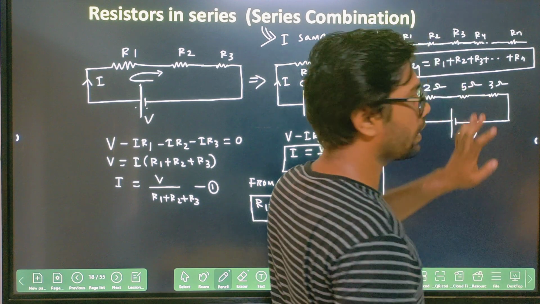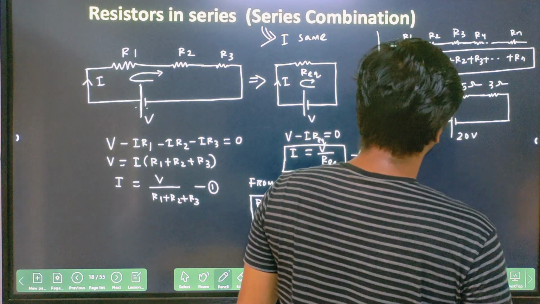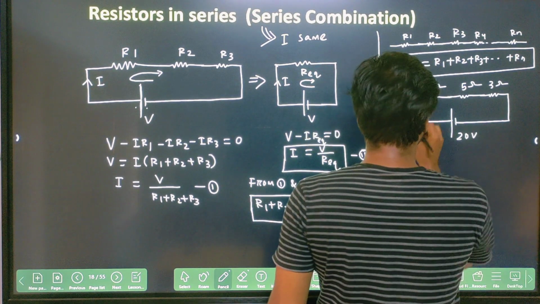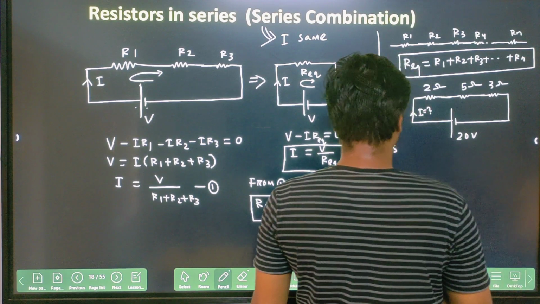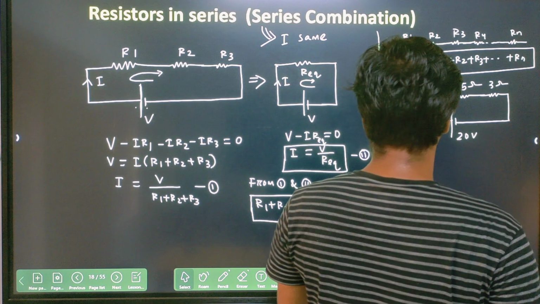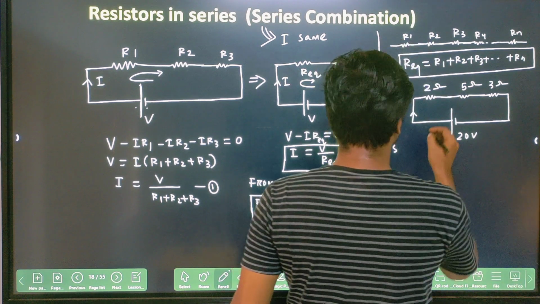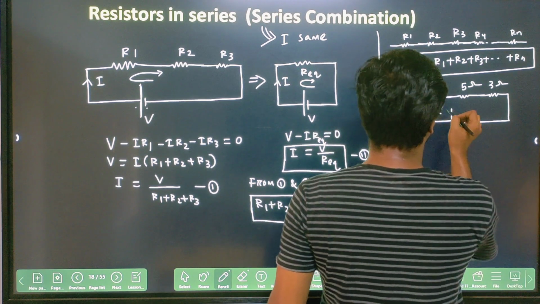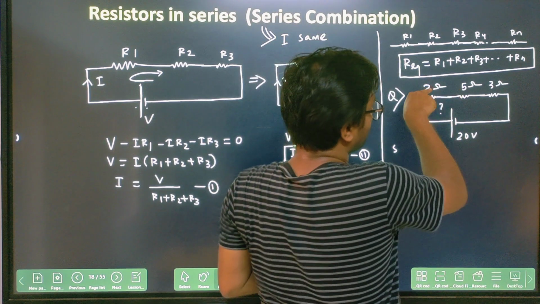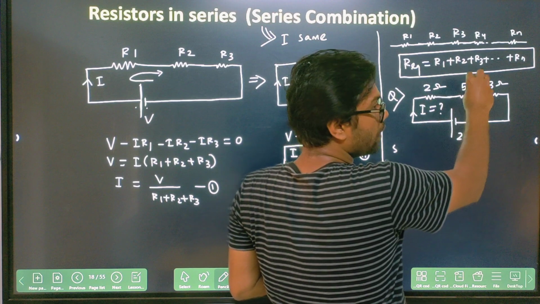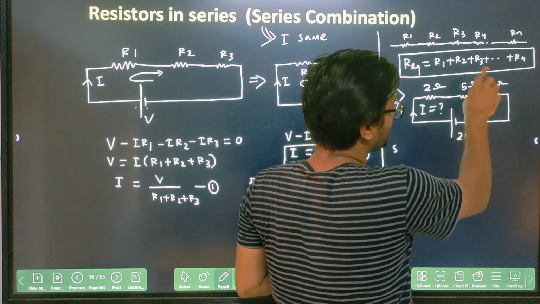Can you find the current through this circuit? You have to find how much current is flowing here, the I. So what you will do here is find the equivalent resistance of 2 ohm, 5 ohm and 3 ohm.